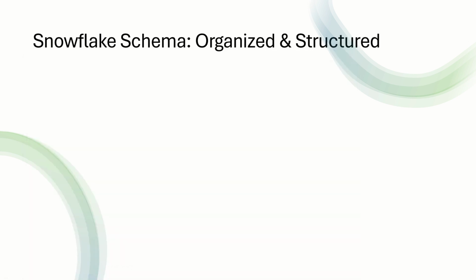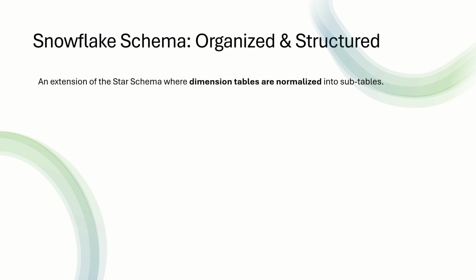And next is the snowflake schema. It is organized and structured. The snowflake schema is an extension of the star schema, where dimension tables are normalized into subtables. In the example I covered earlier, the customer table has city, state, and country all in a single table.